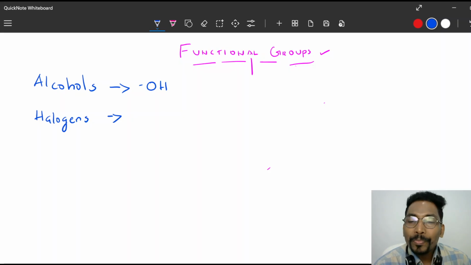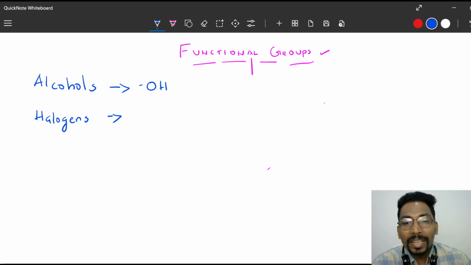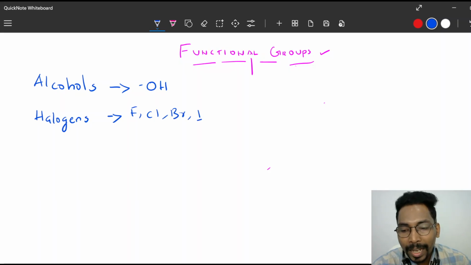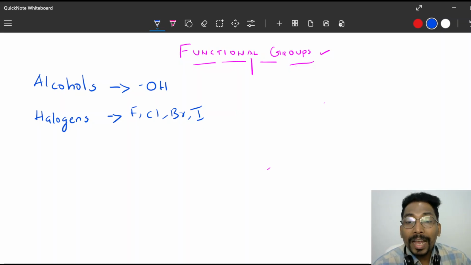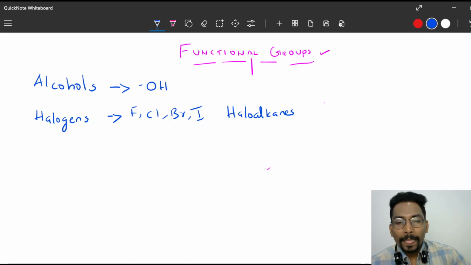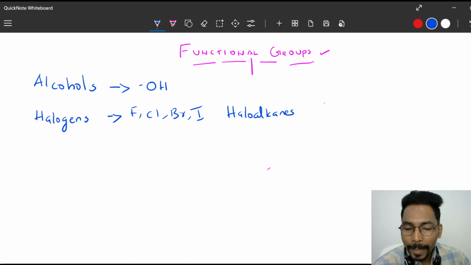The halogens mainly involved in organic compounds are fluorine, chlorine, bromine and iodine. These halogen-containing organic compounds are called haloalkanes. So that is another category.